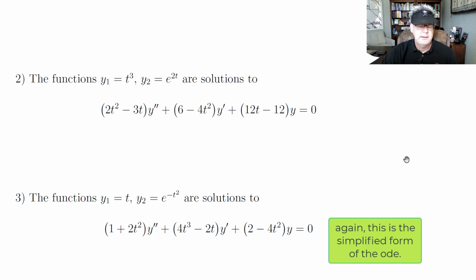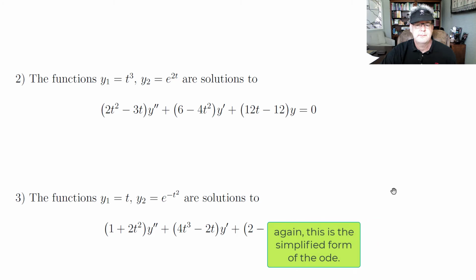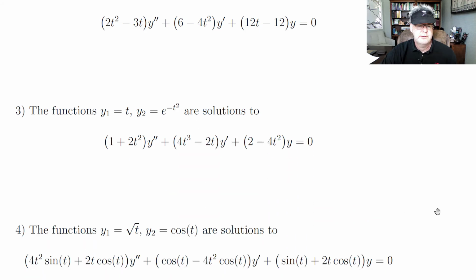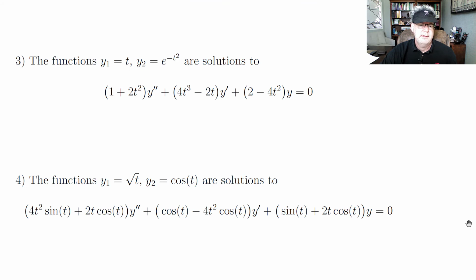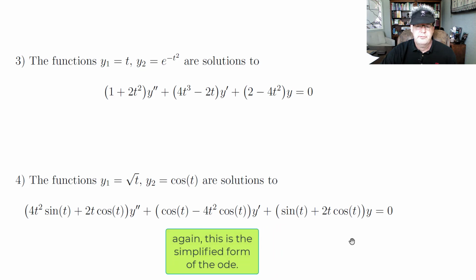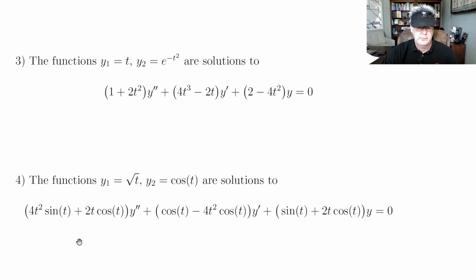Again, t and e to the negative t squared. This differential equation would have these two as solutions. And lastly, for root t and cosine t, this differential equation, y1 and y2 here are solutions.